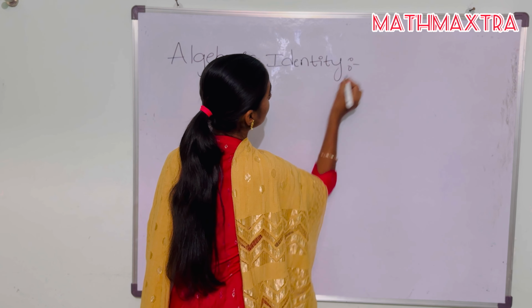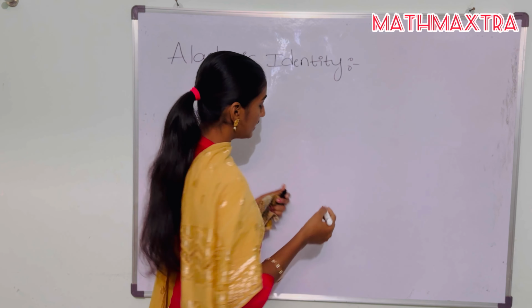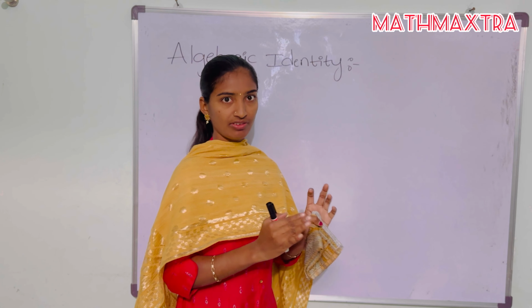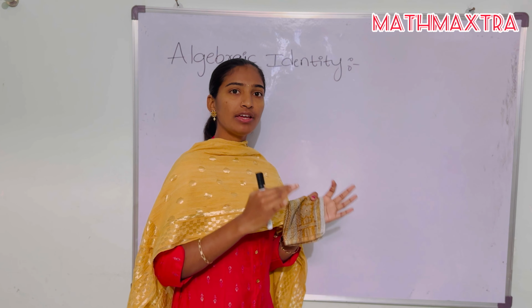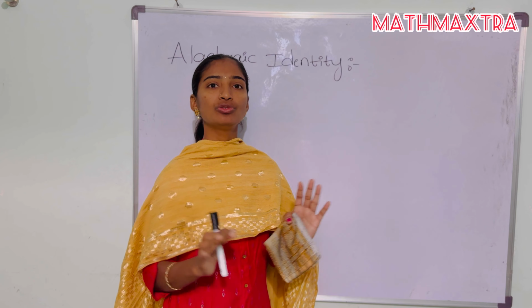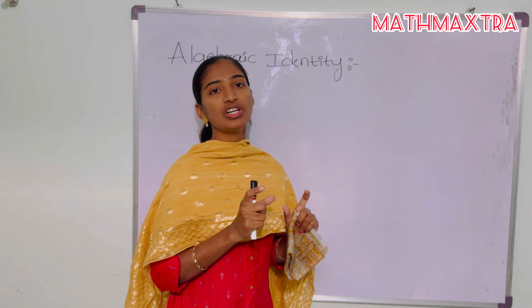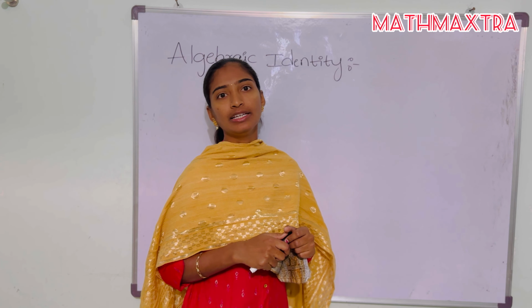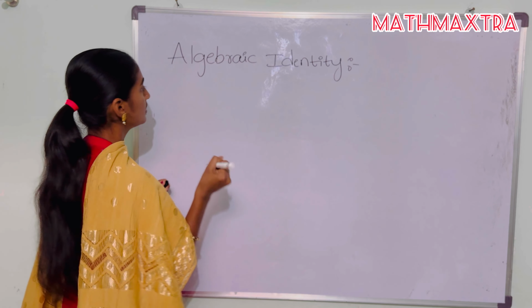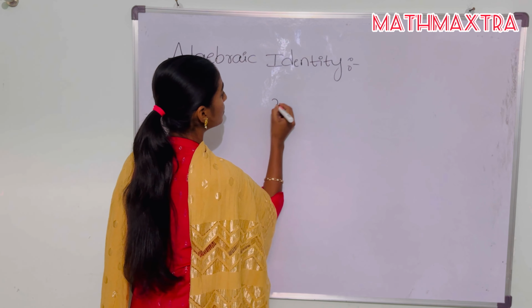What is an algebraic identity? So if you take an equation, if it satisfies for all real values of variables, then we call that equation an identity. See, you take this example, x plus 2 is equal to 0.